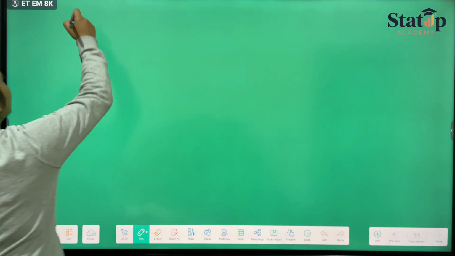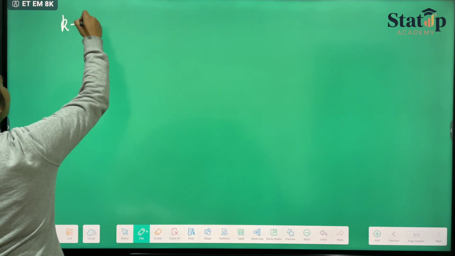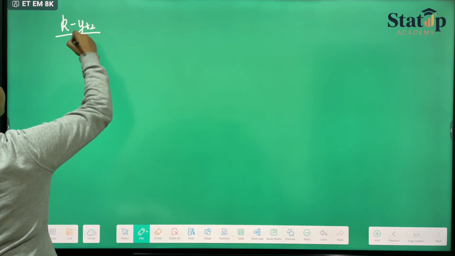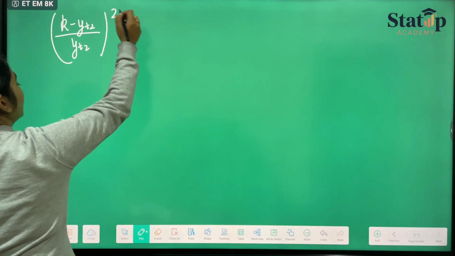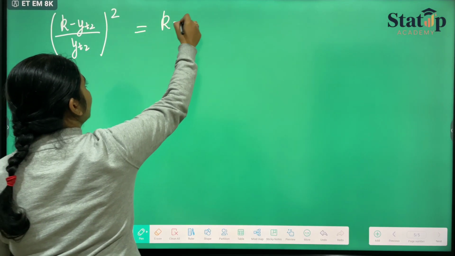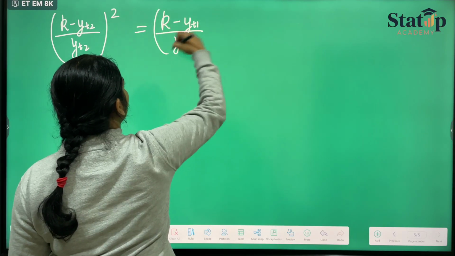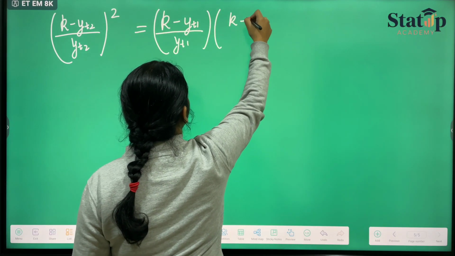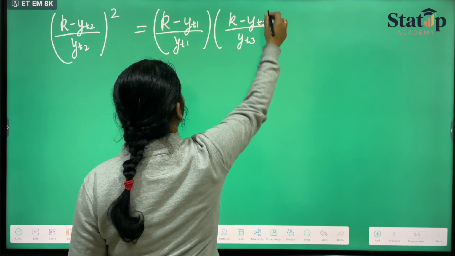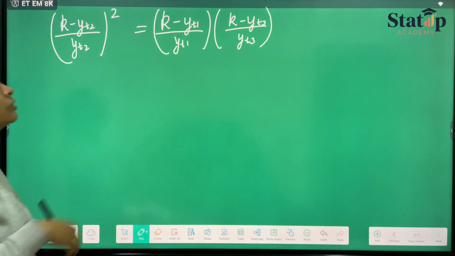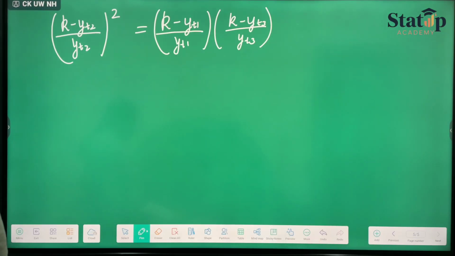So moving forward, we will be getting k minus yt2 upon yt2 whole square is equal to k minus yt1 upon yt1 into k minus yt3 upon yt3. So this will be the equation that we will be getting.